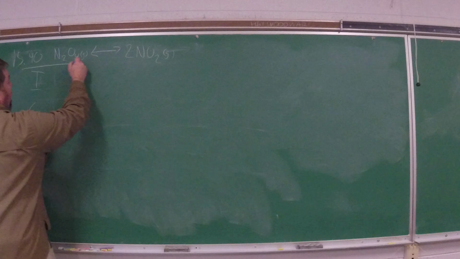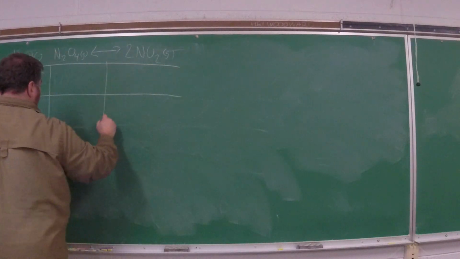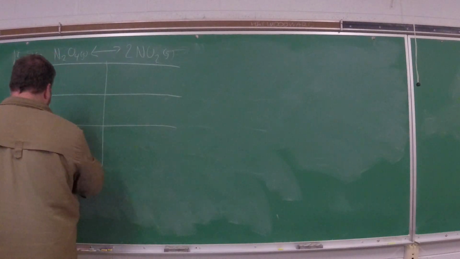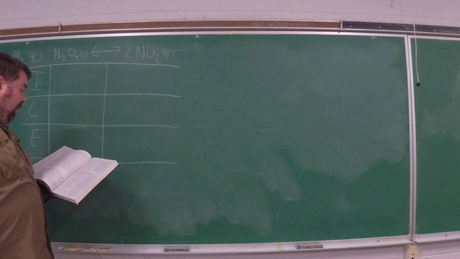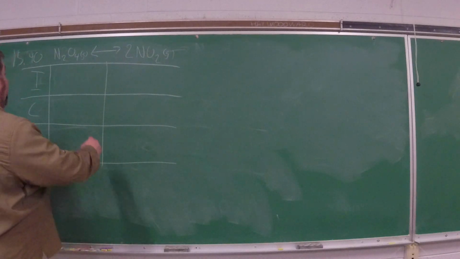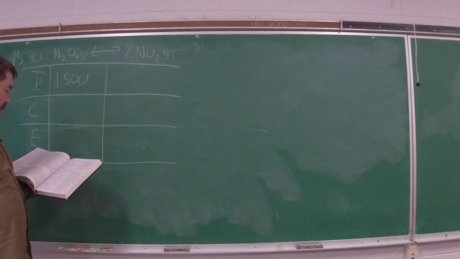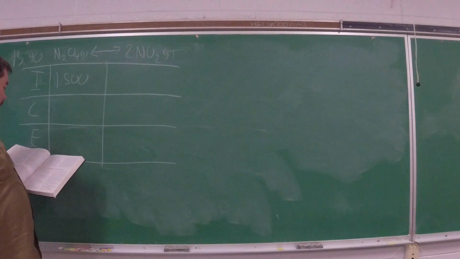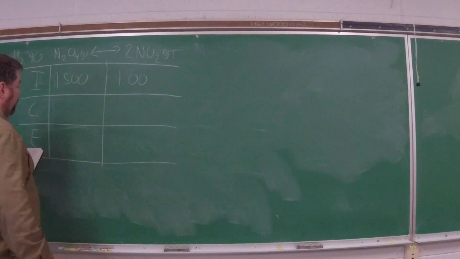ICE. And we're using partial pressures, but it works the same way, okay? So initial, 1.500 atmospheres of N2O4 and 1 atmosphere of NO2.